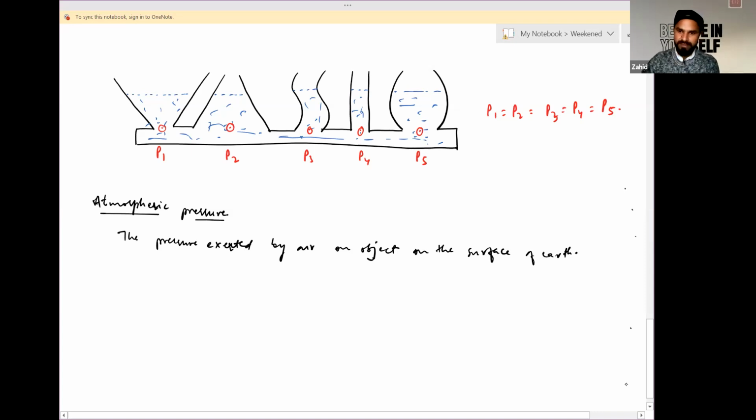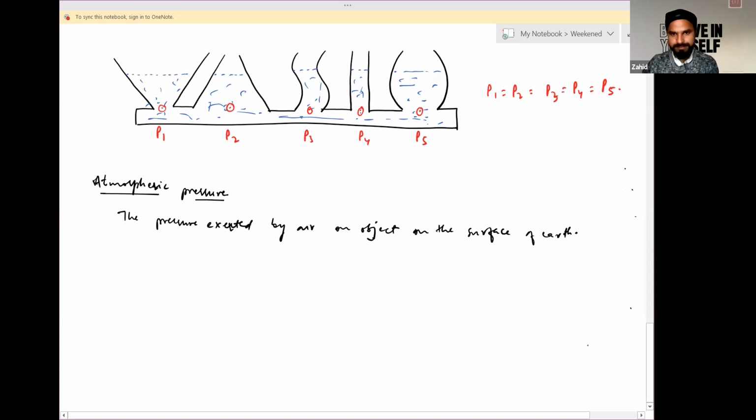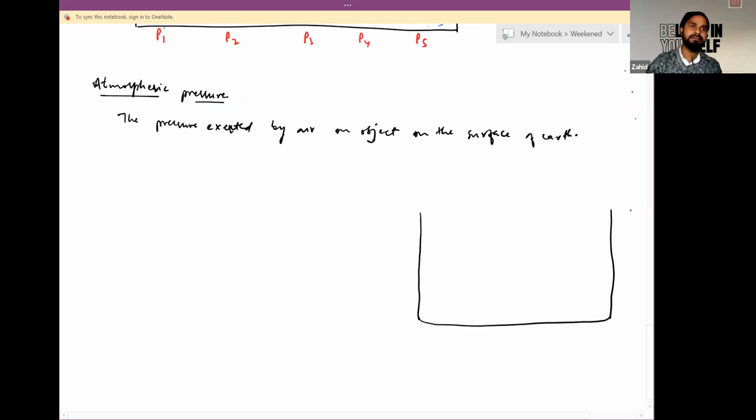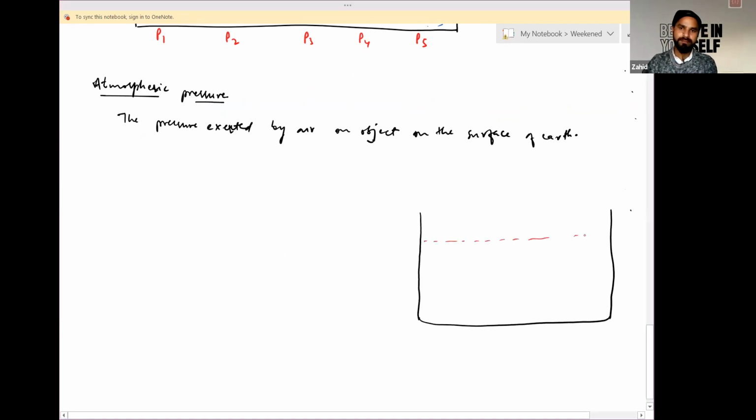So we have to find its numerical value. Suppose there is a bath of mercury up to this level.